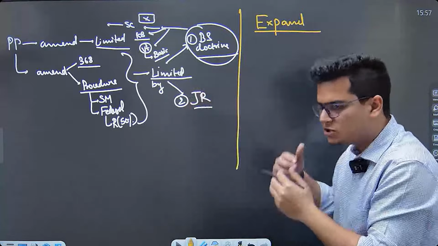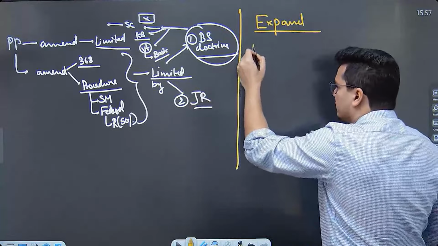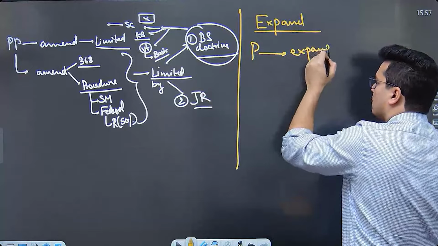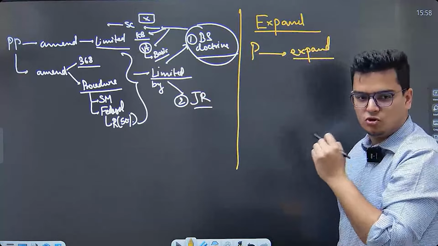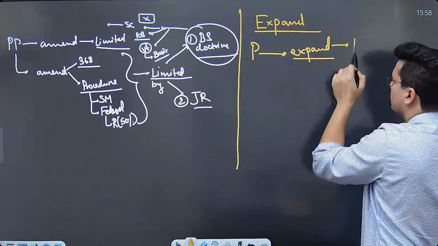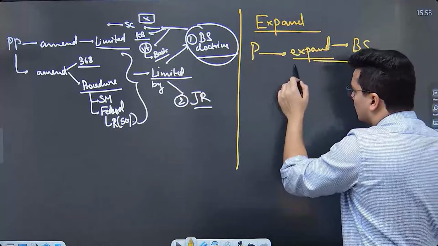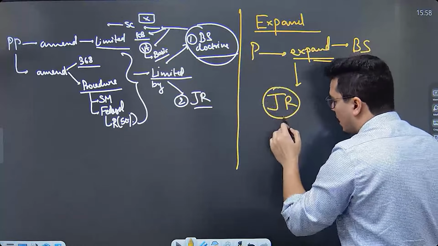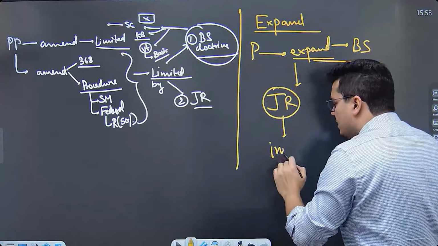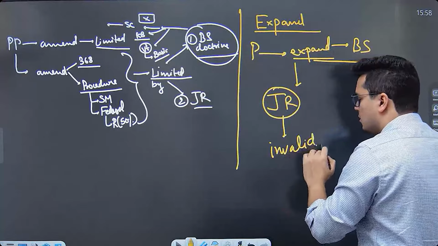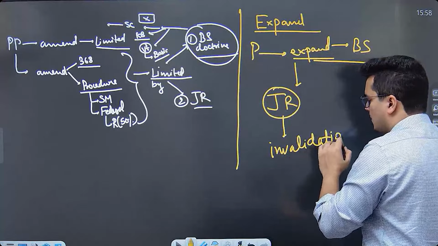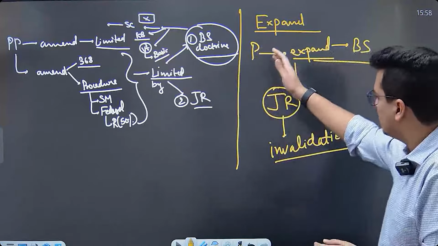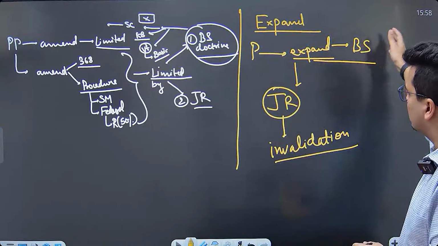So here what I'll show is that if the parliament tries to expand beyond its constitutional scope and tries to destroy the basic structure, then it will lead to judicial review and ultimately invalidation of the particular amendment which was there to expand its amending power and to destroy the basic structure.